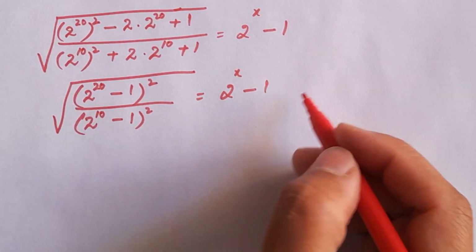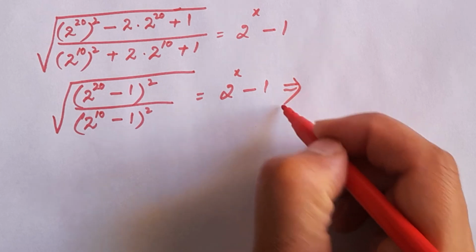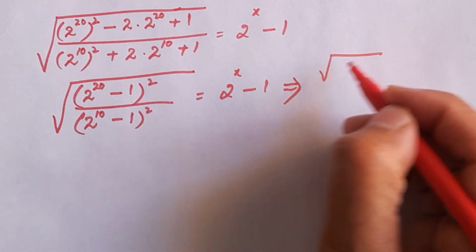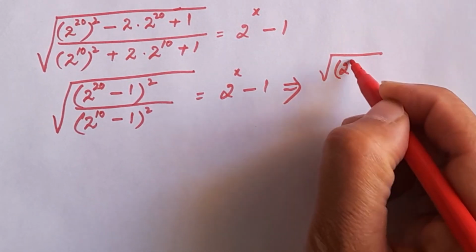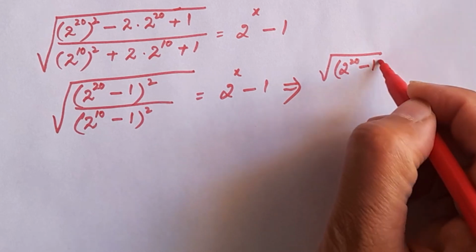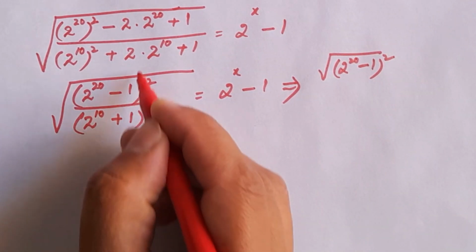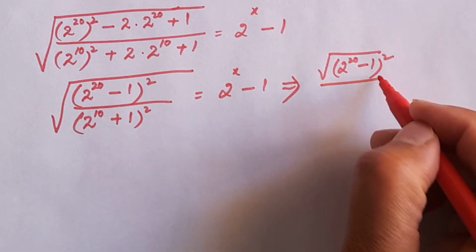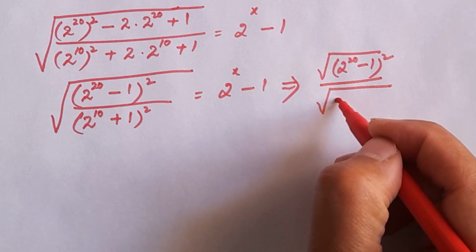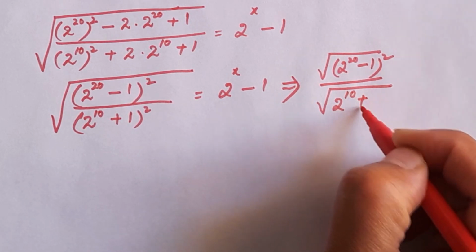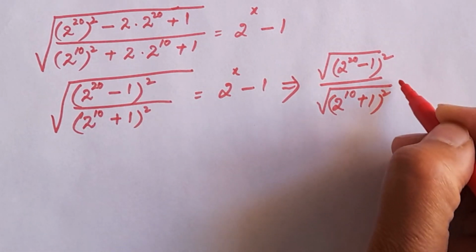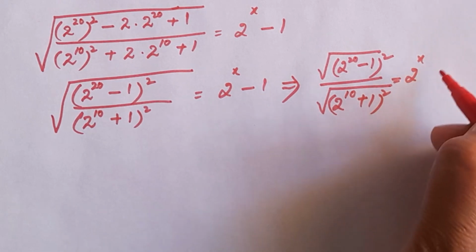If we write numerator and denominator separately in square root, so root of 2 to the power 20 minus 1 whole square divided by root of 2 to the power 10 plus 1 whole square is equal to 2 to the power x minus 1.